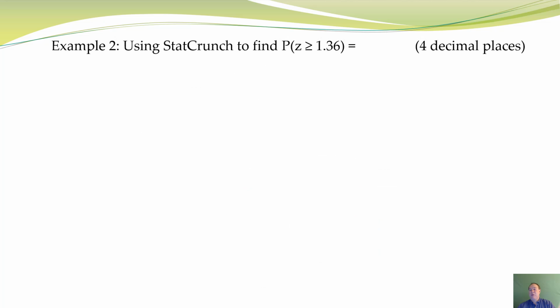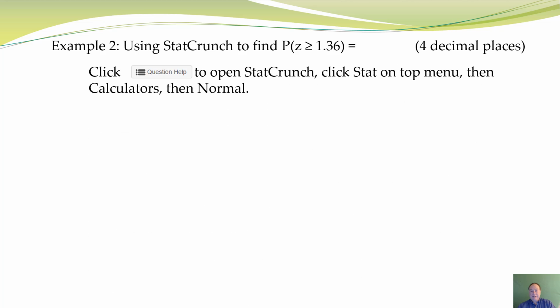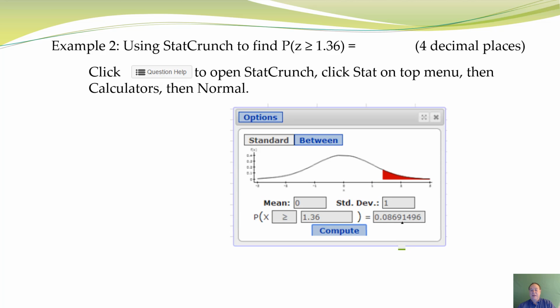Now, what about this problem we did earlier? Well, you would open StatCrunch, click Stat in the top menu, then Calculators, then Normal. This time, you enter the mean of 0, you enter the standard deviation of 1, which is default. It's always going to come up 0 and 1, so if you're doing standard, you don't have to worry about changing those.